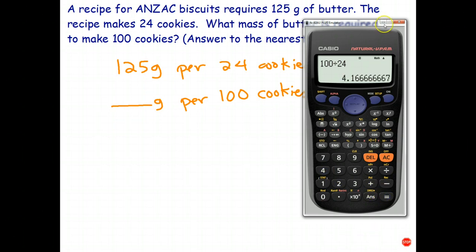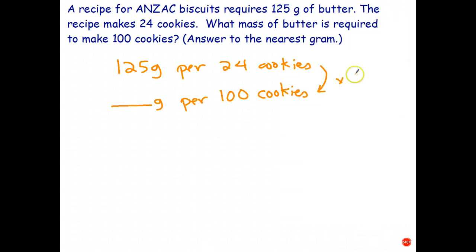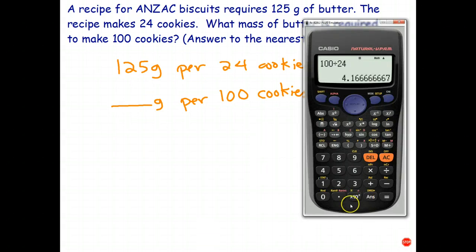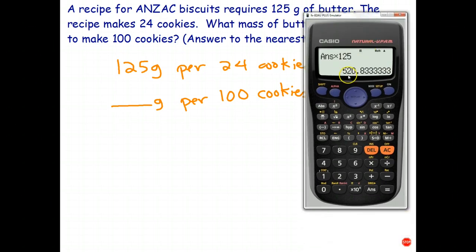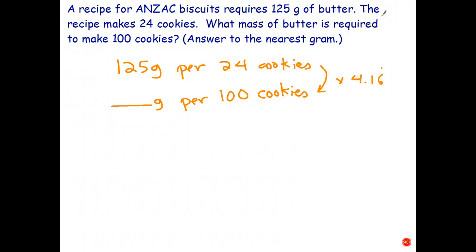And 4.16 recurring. And therefore I've got to multiply that by 4.16 recurring. So we're going to multiply that by 125. And we get 520.83. It says answer to the nearest gram, so 521.